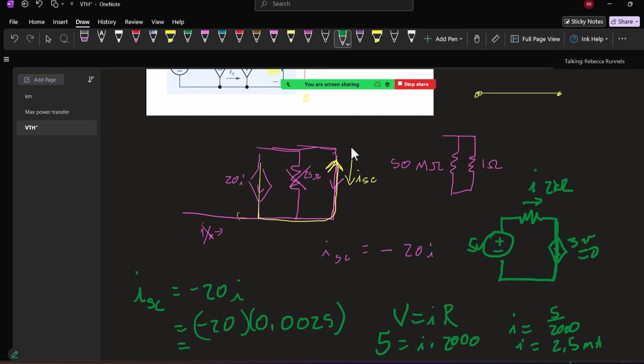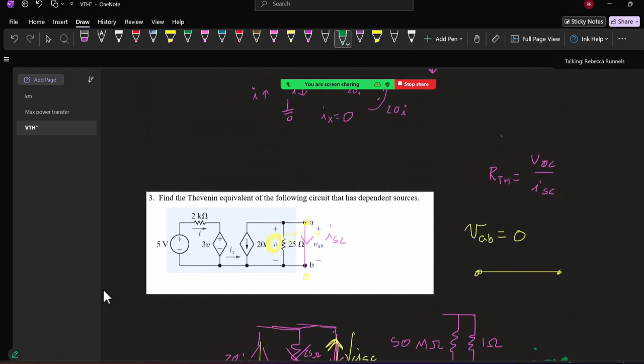So I short circuit is negative 0.05 amps. Okay, so now we know that, make sure I wrote it right up there, I did.